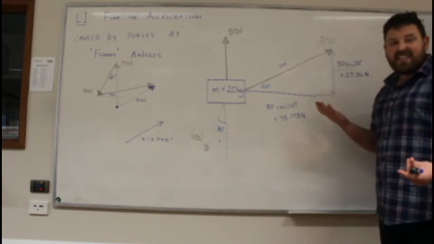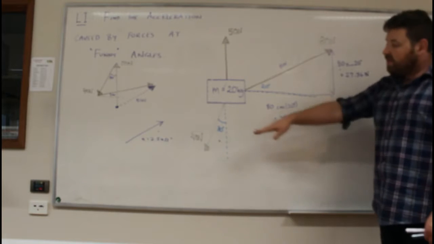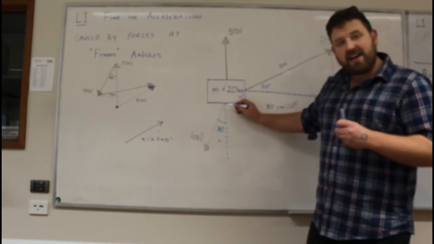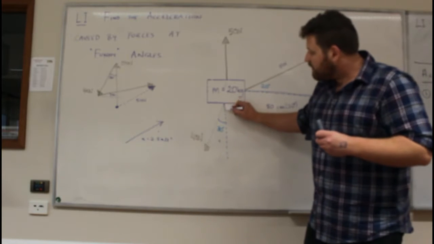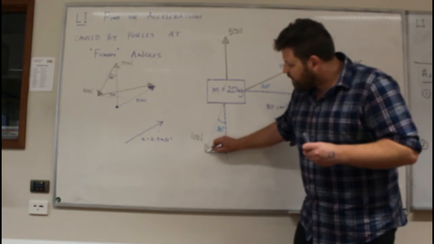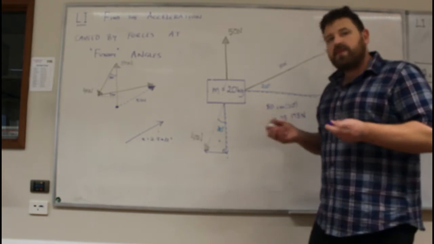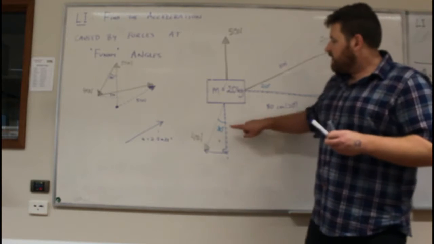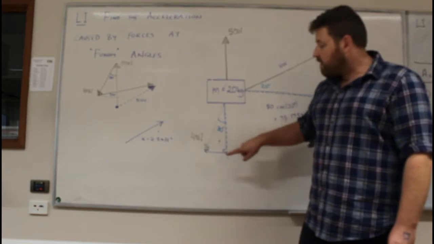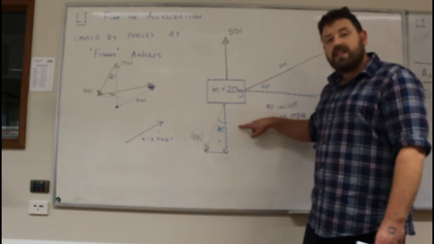So as you'd expect, this force is a lot more rightward than it is upward. We can do the same thing with this force over here. This down and left force can be resolved into a downward force and a leftward force. Once again, we have a right angled triangle. This one's going to be 40 sine 30 degrees because it's opposite that angle, and this one's going to be 40 cos 30 degrees because it's adjacent.